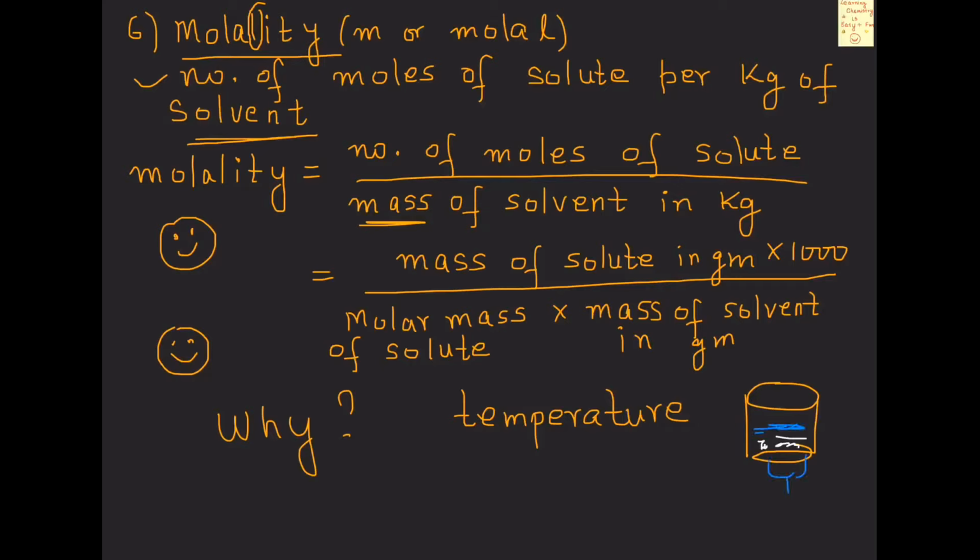When you heat this or when the temperature is changing, water will evaporate. Now the density of water is 1 gram per cc. So with change in temperature, the volume changes appreciably, whereas the mass does not change much because we are talking about the mass of the solvent over here, right? So the mass of the solvent does not change appreciably.